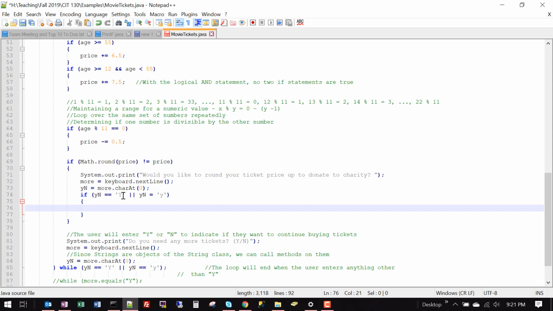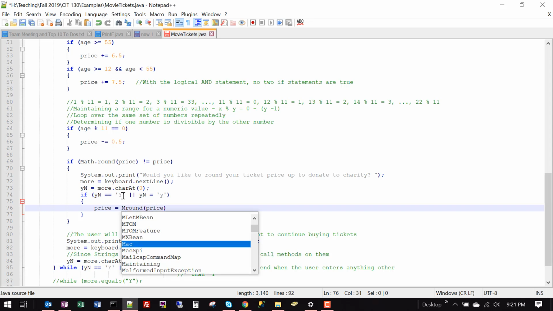And in this case, we'll say price equals, or is assigned, round price. So we'll round off the price, math.round.